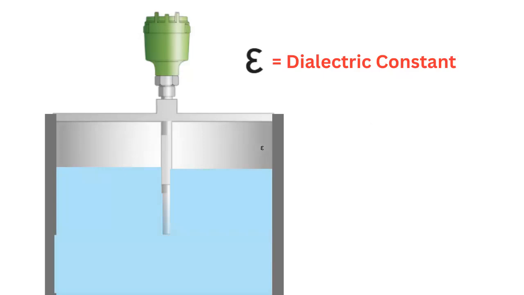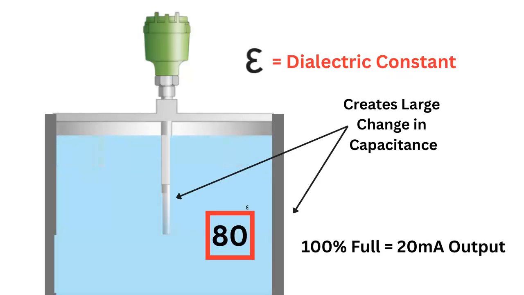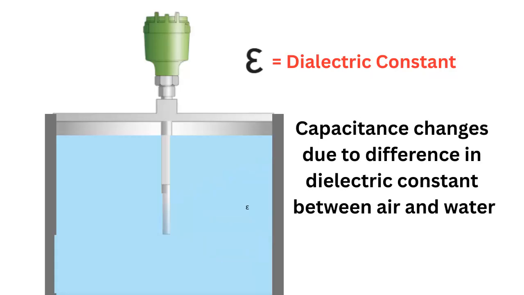If the product is water, the dielectric constant changes from 1 to 80. This massive change in epsilon creates a large, measurable change in the total capacitance. The transmitter converts this change in capacitance into your linear 4 to 20 milliamp level output. The measurement relies entirely on the dielectric difference between air and your product.